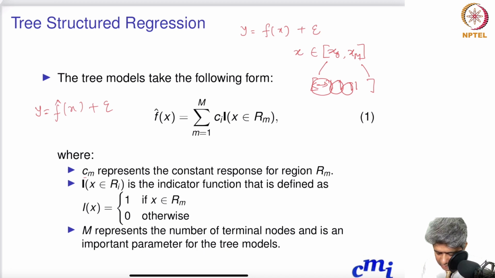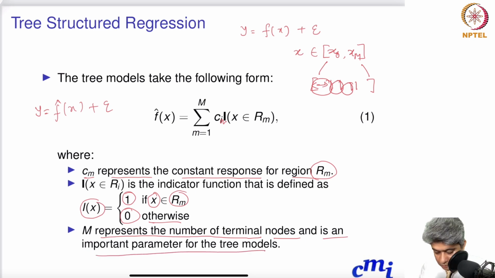Cm represents the constant response for region Rm, where I(x) is 1 if x belongs to Rm, otherwise 0. And M represents the number of terminal nodes and is an important parameter of the tree models. We will talk about it.